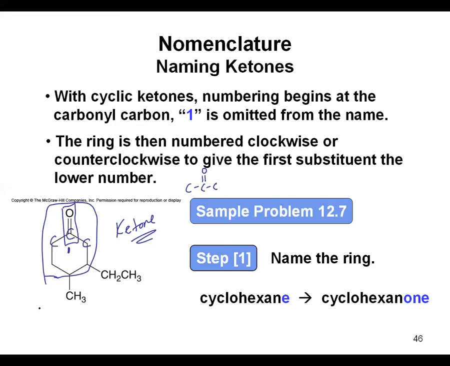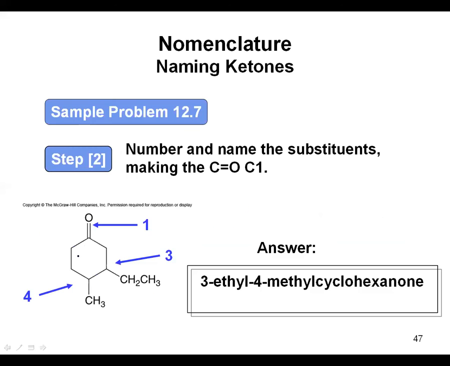Here we have an ethyl group. Here we have a methyl group. And putting those together in a way where we give everybody the smaller number gives us 3-ethyl 4-methyl cyclohexanone, and that would be numbering clockwise.